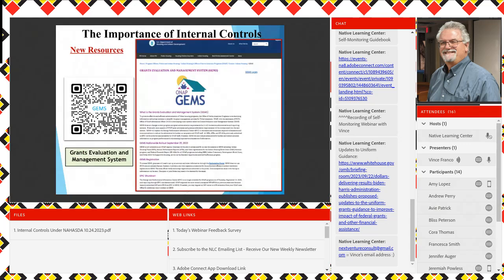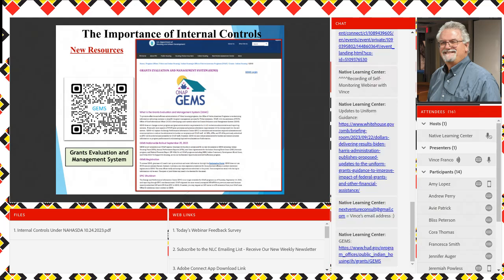So fast. Okay. And the last one I want to share with you, the last QR code for the moment, is this one on the GEMS program. Those of you that receive Indian Housing Block Grant funds, you know that you have to do what's called the IHP, Indian Housing Program, at the beginning of the year, and at the end of the year, you have the APR, Annual Performance Report. Those two reports over the years have changed.